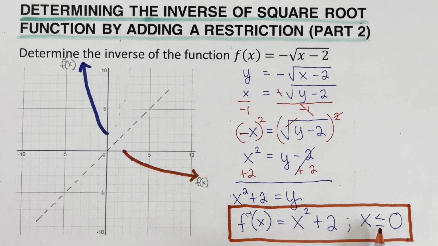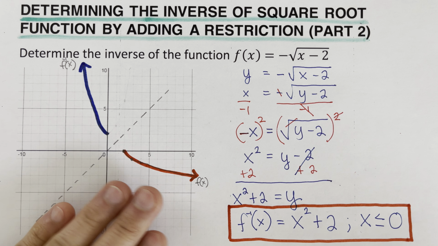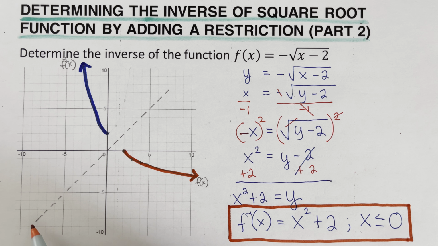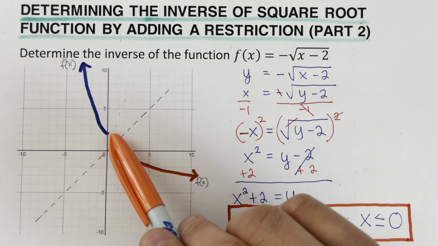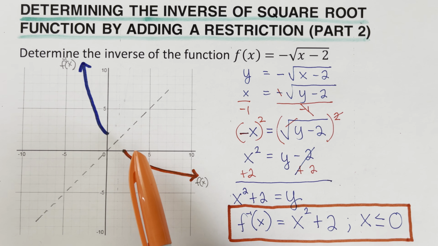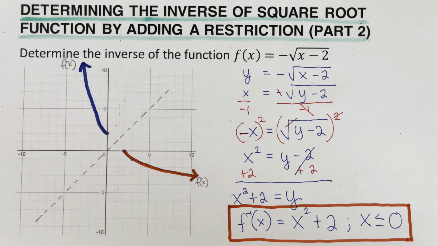So I use x is less than 0, so that these two graphs will match up if you fold it across the line y is equal to x. Again, we need to restrict it so that both of them will match up. If you don't restrict it, then you still have the other branch here, and there's no partner across when we fold it. So then it's not really the function, because it doesn't really look like the reflection of the other graph.